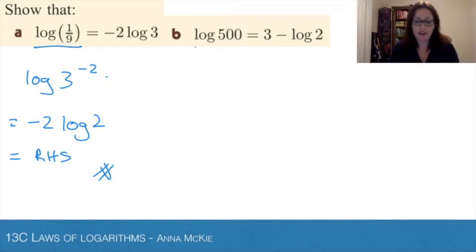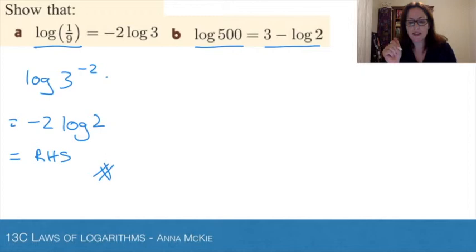And the second one, the left hand side, is log of 500. And you might be thinking to yourself, I can see the right hand side has a split log, which means perhaps we've used the divide rule because you can see the subtract there. Well, that means I have to get 500 as something over something. So it's two numbers that divide to give 500. Well, there could be lots of numbers that would be the case for.